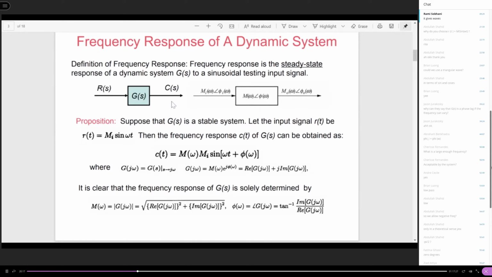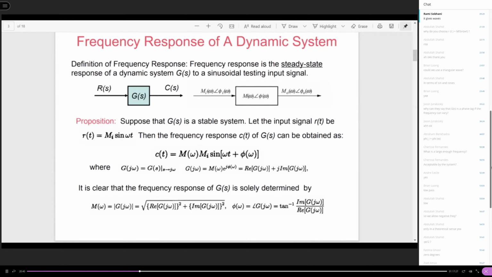Here, this is the dynamic system transfer function model, and you can get G of j omega by making s, which is a complex variable, have only its imaginary part.